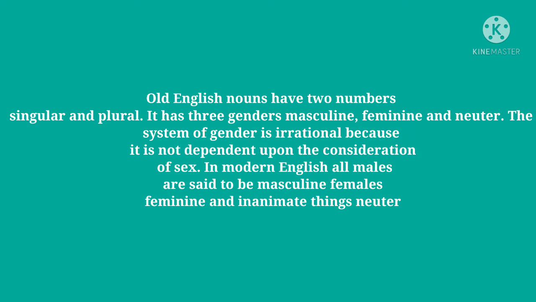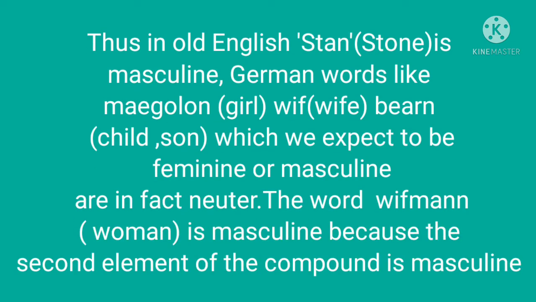Thus, in Old English, stan, S-T-A-N, stone, is masculine. This is, however, now considered inanimate. Stone is inanimate, but in Old English it was masculine. Words like maegden for girl, wif, W-I-F, for wife, and bearn for child and son, which would be expected to be feminine or masculine, are in fact neuter in Old English.